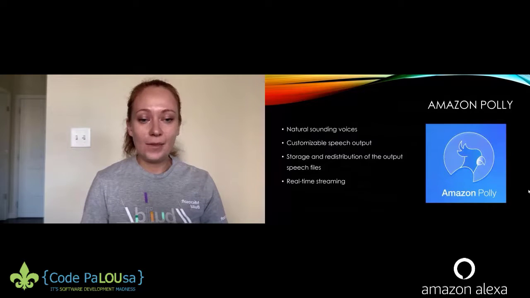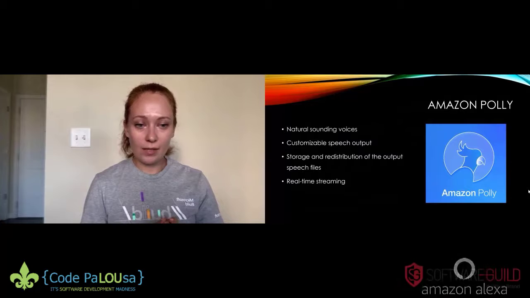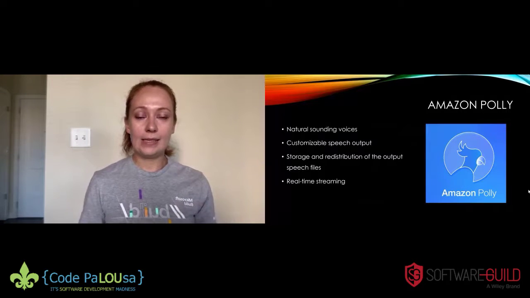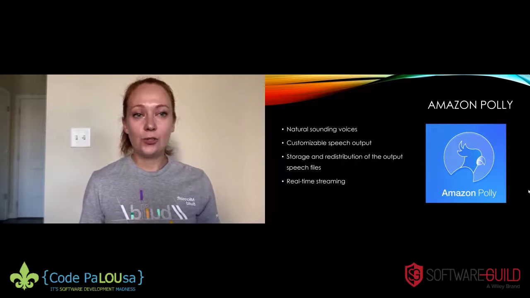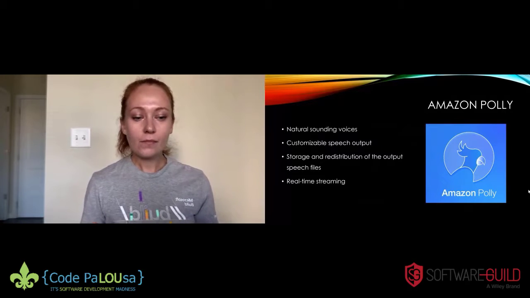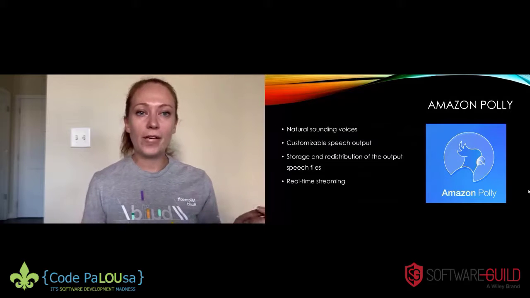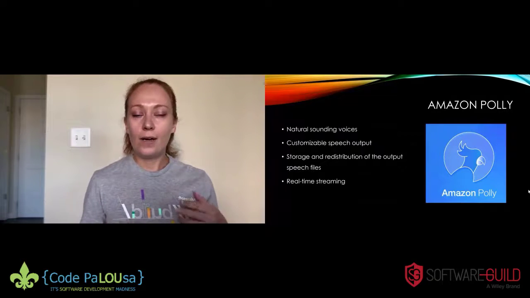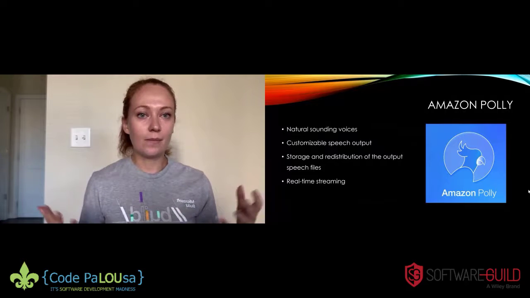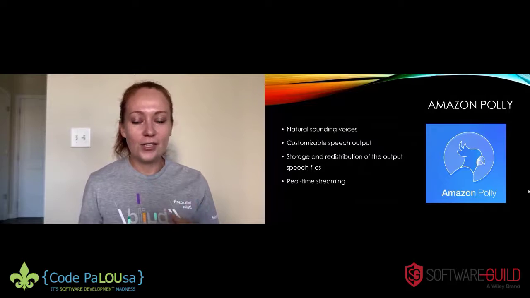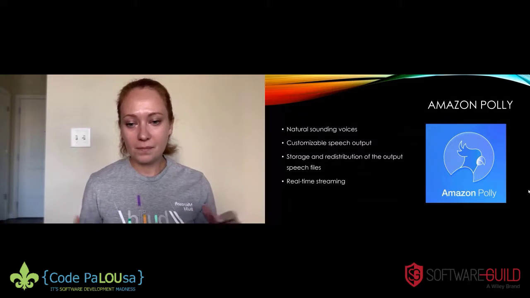And then the next one that I found is Amazon Polly. That is basically text-to-speech. They also have natural sounding voices. They don't separate those neural or WaveNet voices from other voices, like normal computer-ish voices. They just say they're all natural sounding.